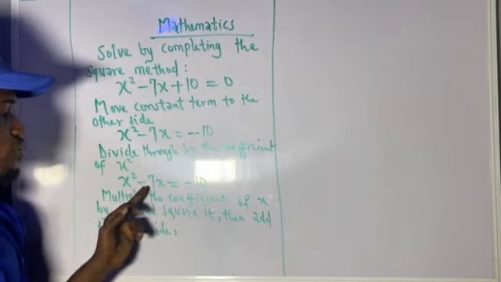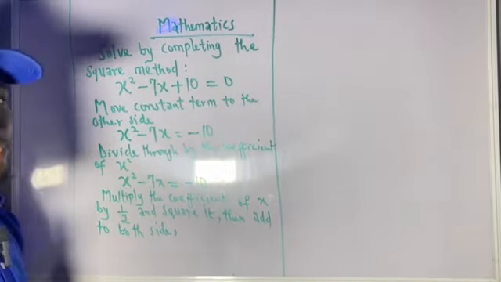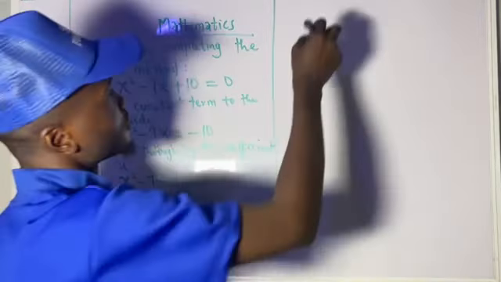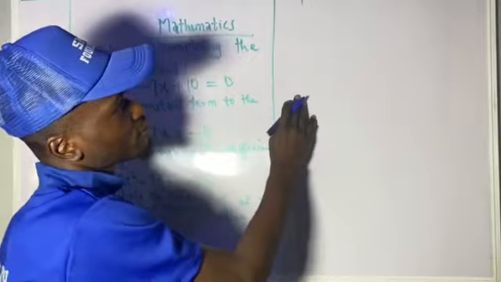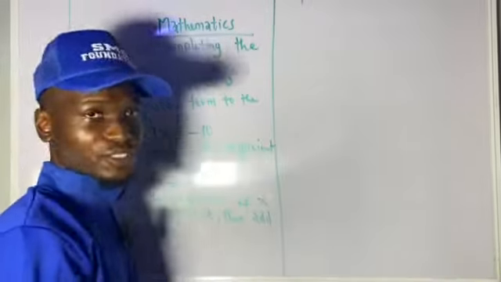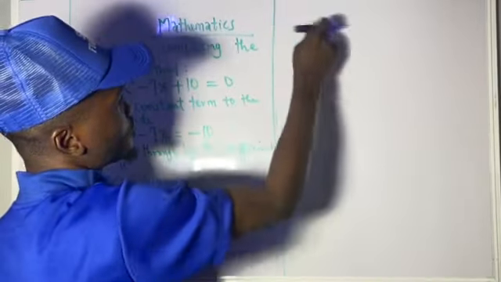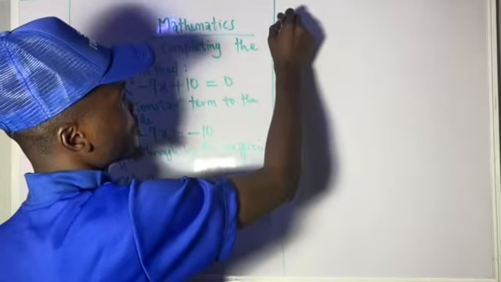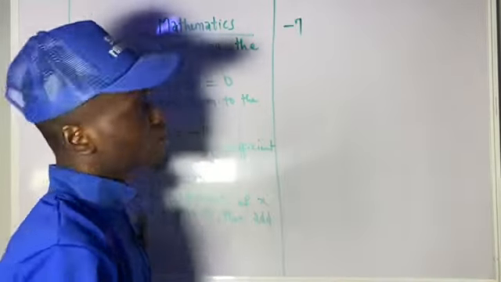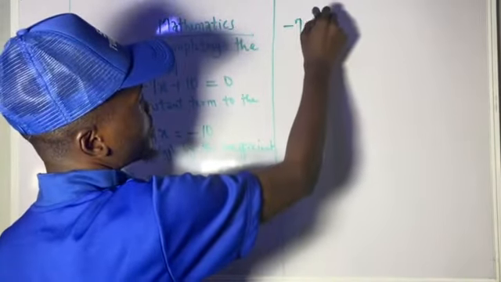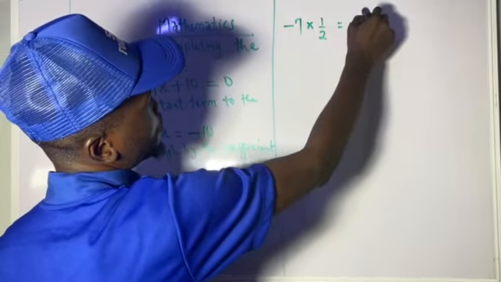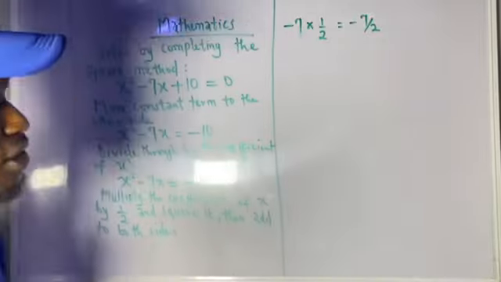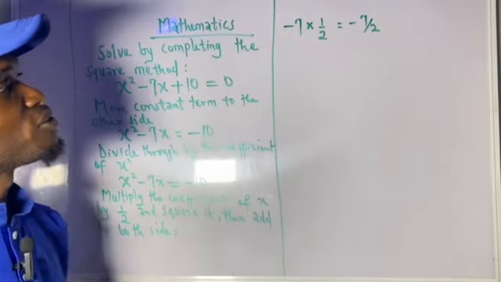First of all, what's the coefficient of x? The coefficient of x is minus 7. Half of that, we multiply it by half, which is minus 7 over 2. That's minus times half, and half is 1 over 2.